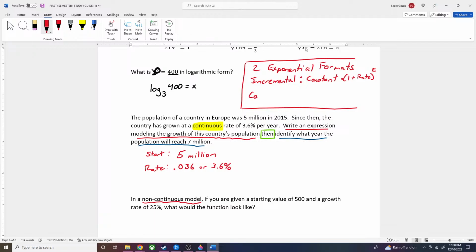Meanwhile, for a continuous growth rate, like our example here, okay, what's going to happen here is it's going to be your constant. You still start with the same thing, your constant, but this time it's going to be multiplied by the mathematical constant of e. Now, what is the mathematical constant of e? It's about 2.718, and it represents continuous growth. Okay, I'm not going to fully derive that number here.